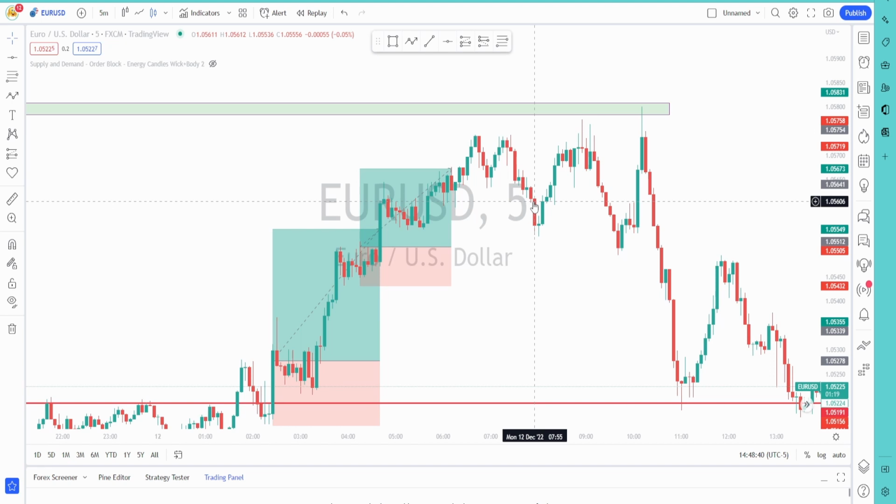You can often look at a higher time frame for confluence, marking your areas up on the 15-minute chart or the 1 hour or the 4 hour. When price comes into that area, you could be looking for trading opportunities in the opposite direction. But for this example, we're only looking at the 5-minute chart, and I want to show you why you could have considered getting in on this trade here.